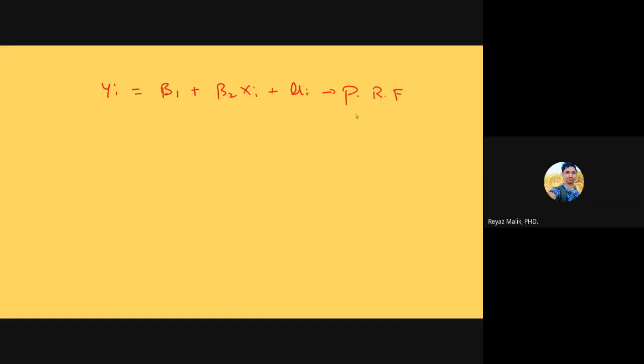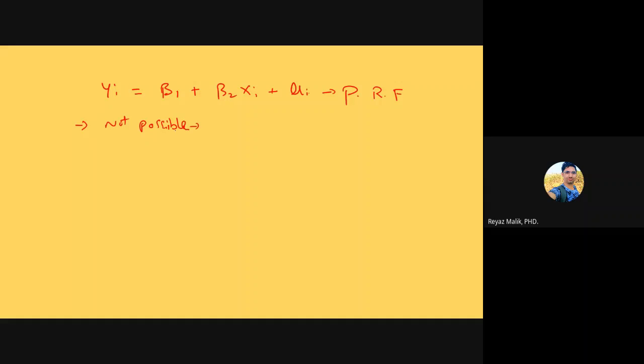Then what is next? As we discussed in the last class, it is not always possible to derive the population regression function, because we will not have that much data.